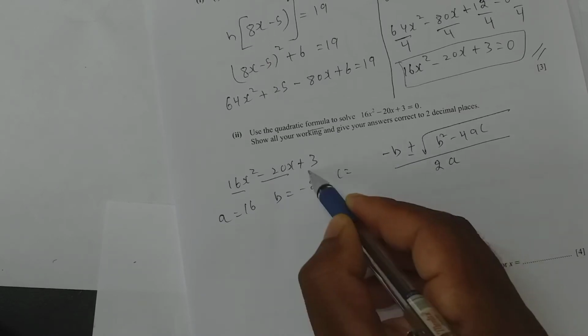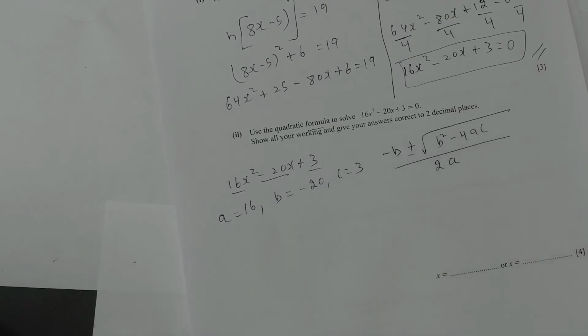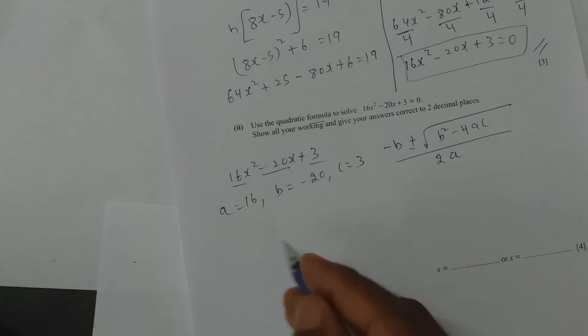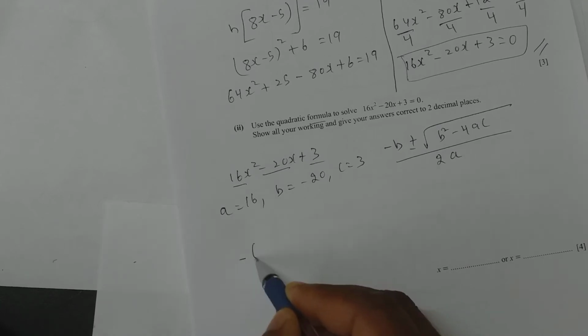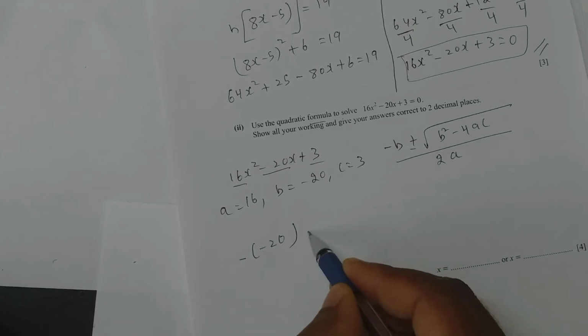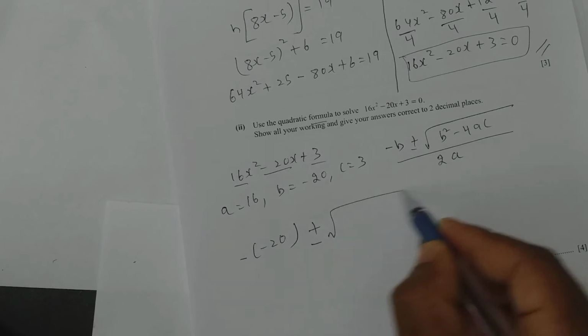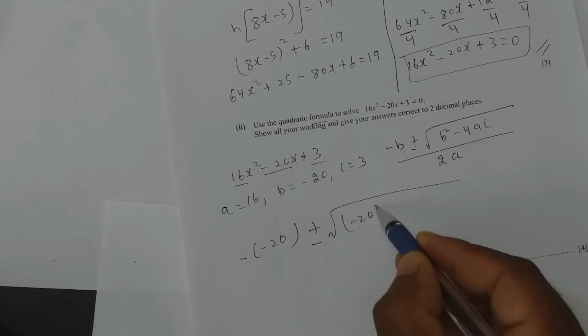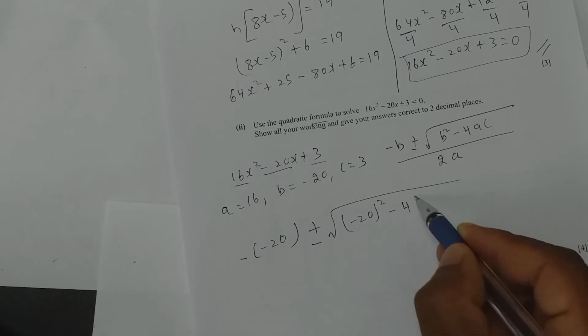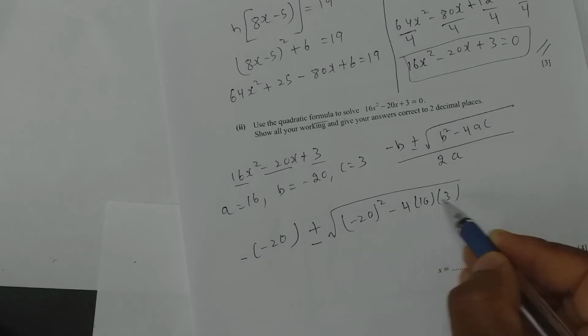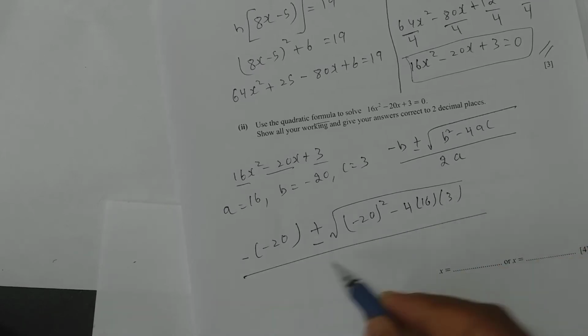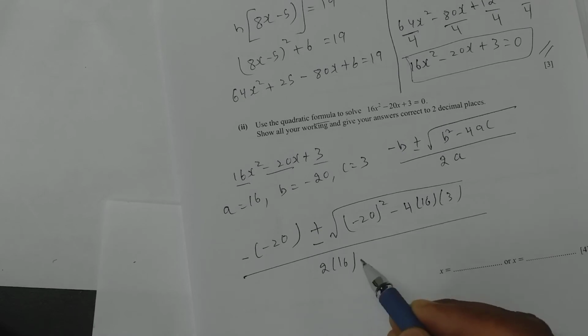In place of c, it is 3. Okay. Now place it in that and let us see what you get. Minus b, right? So it is minus of minus 20 plus or minus root b square means minus 20 whole square minus 4ac, 16 into 3, by 2a, 2 into 16.